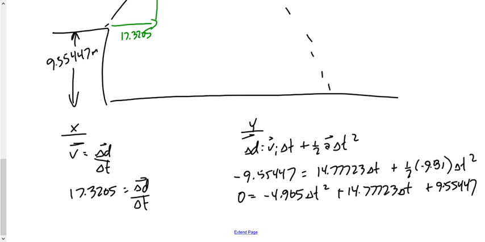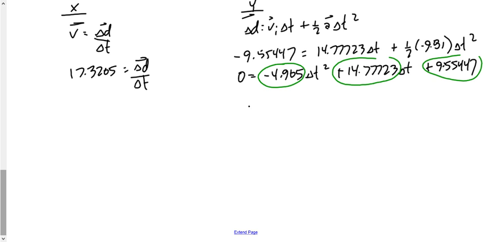How many people have seen the quadratic equation in math class? If you haven't, don't worry about it. If you have, you say negative b plus or minus the square root of b squared minus 4ac all over 2a. This would be the value of a, negative 4.9. This would be the value of b, 14.77. And this would be the value of c. You'd use that quadratic equation to find t.